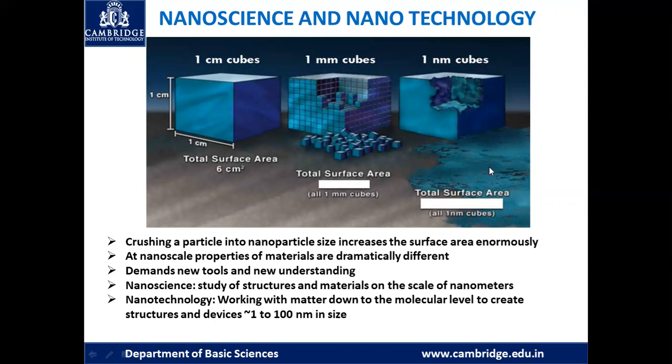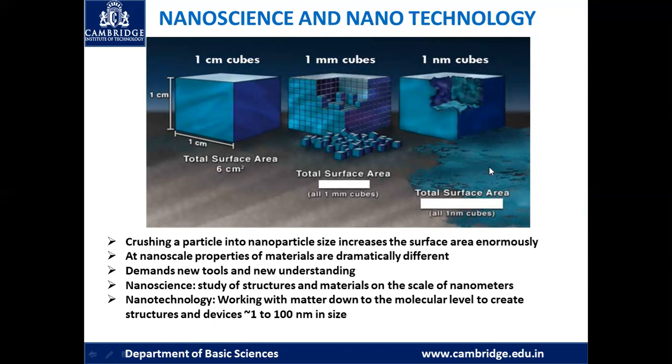So crushing a particle into nanoparticle size increases the surface area enormously. And the properties of the materials will also be entirely different when compared to the bulk material. So to study nanoscience and nanotechnology, it demands new tools and new understanding.